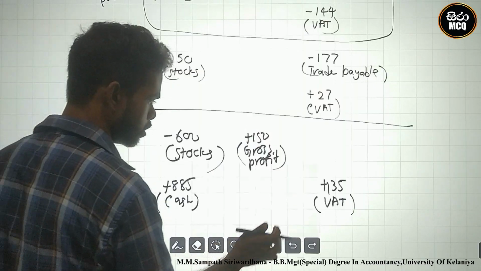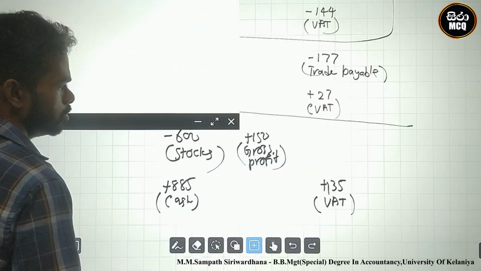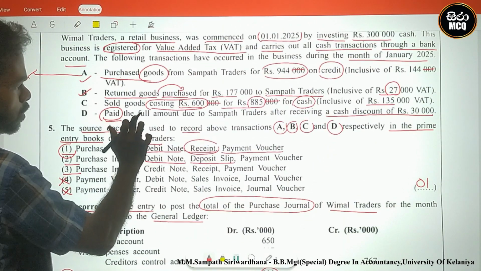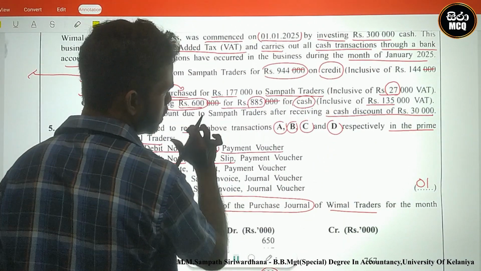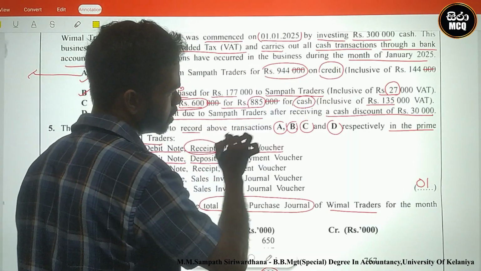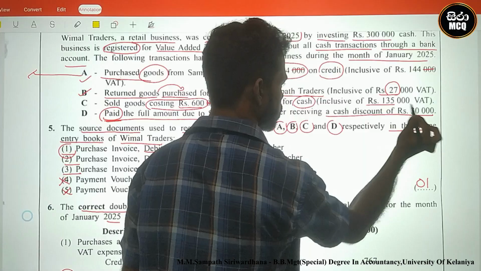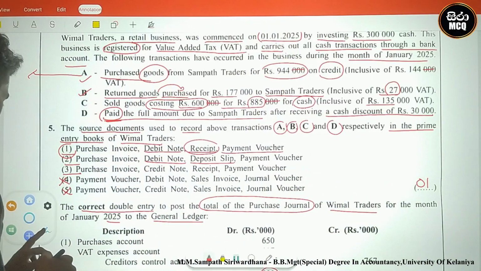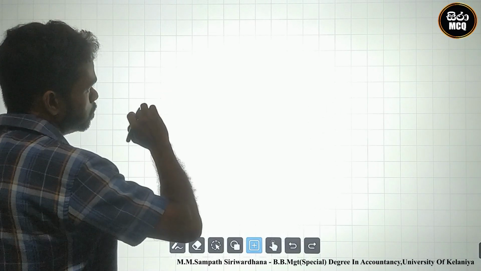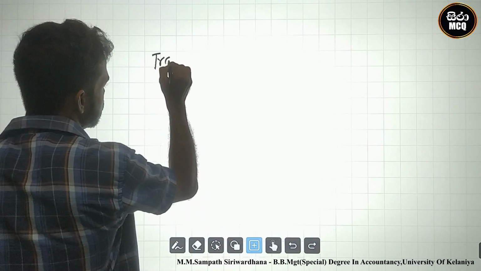Okay, let's see the last one. Look here: paid the full amount due to Sampath Traders after receiving a cash discount of 30,000. We must create a schedule. At this point, this is the trade payable.